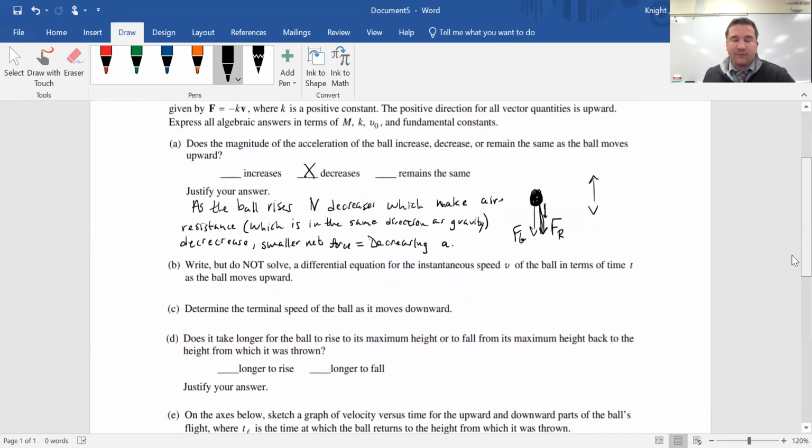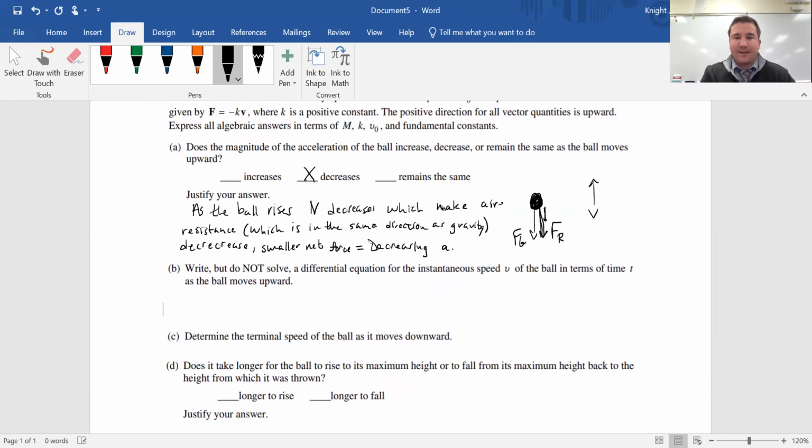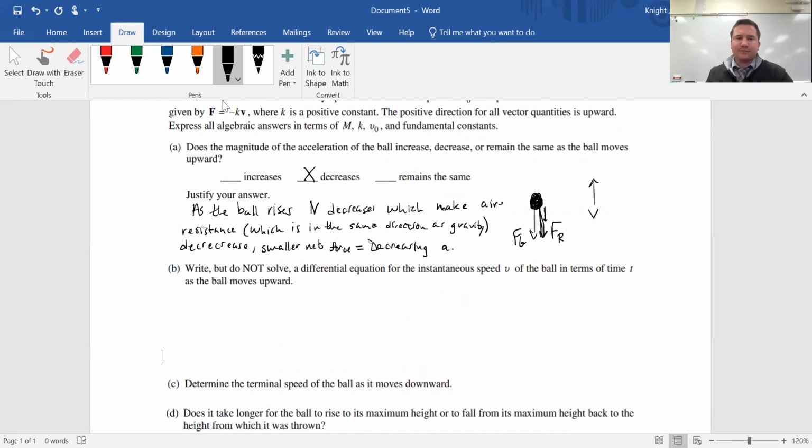Right, but do not solve a differential equation for the instantaneous speed of the ball in terms of time t as the ball moves upward. So you kind of have to do this in terms of forces. We have two forces, Fg and our resistive force, Fr.